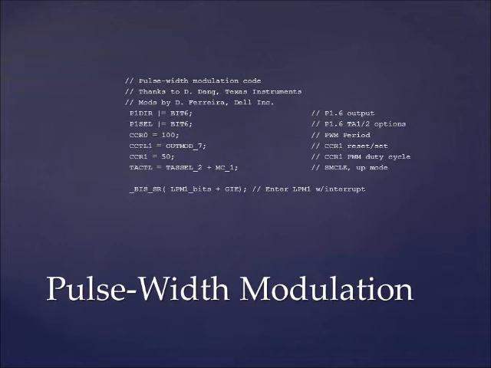Then we're going to set the duty cycle for 50 cycles. And then we go into, again, a low power mode. It's the same line of code that we massaged from the other one. I think what was really cool in the original version of this demo code, the original author, Mr. Dong, he actually turned off the CPU and let the clock do all of the pulse width modulation processing.